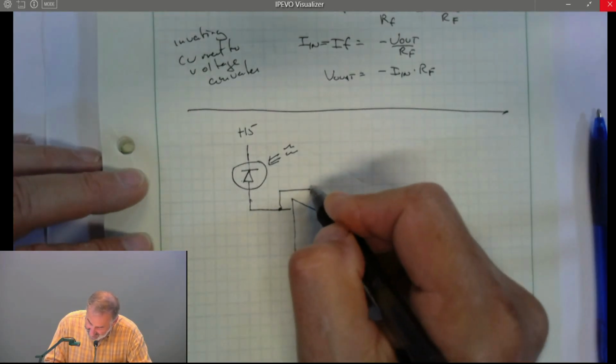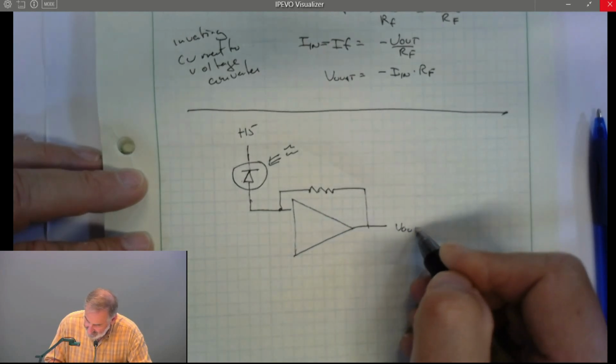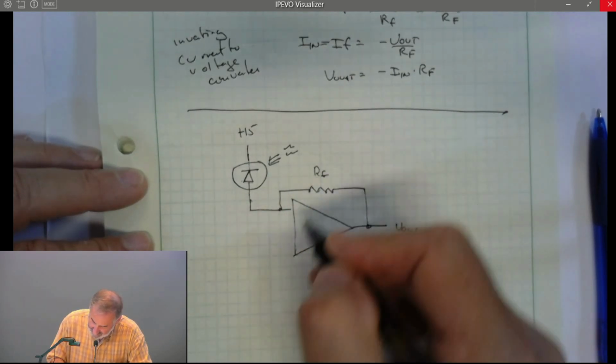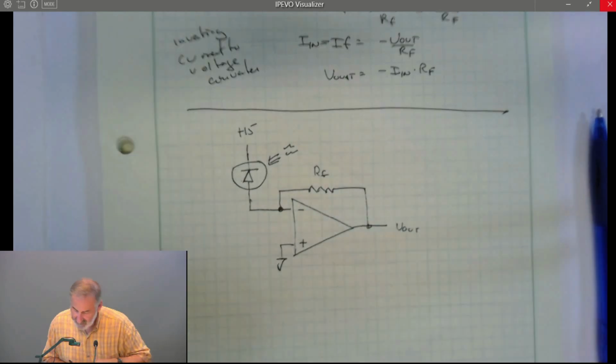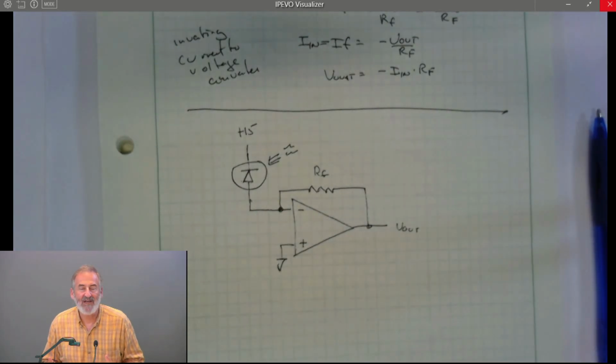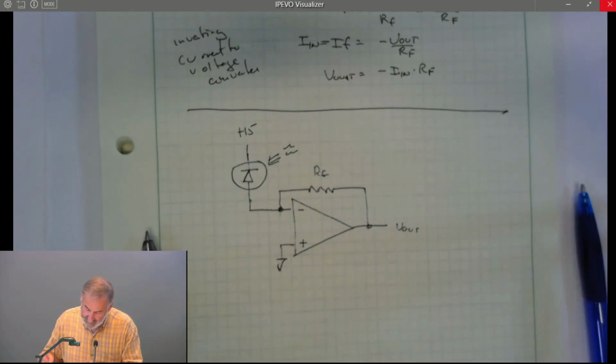We can convert that to a voltage with a current to voltage converter. And it has all the benefits that we like in a current to voltage converter. This voltage is always 0 volts.